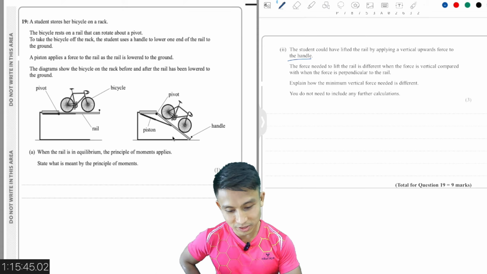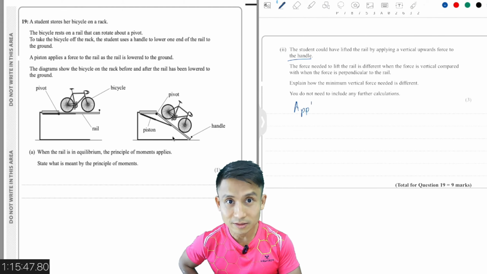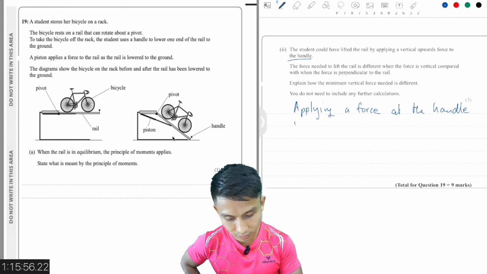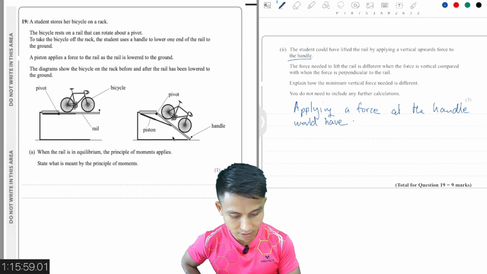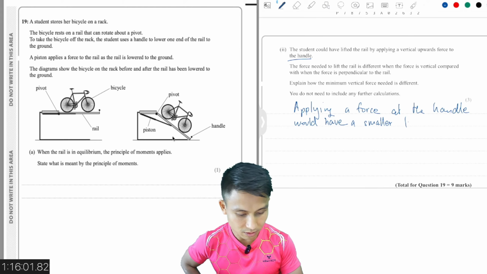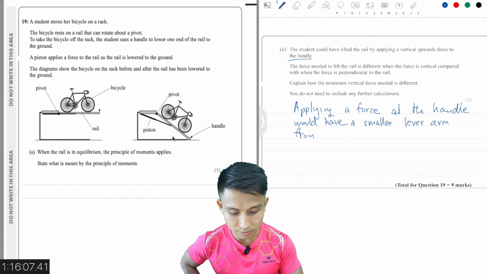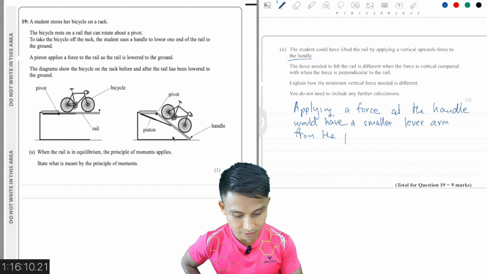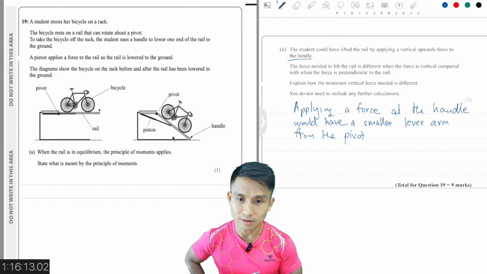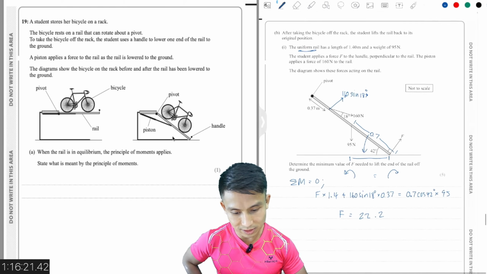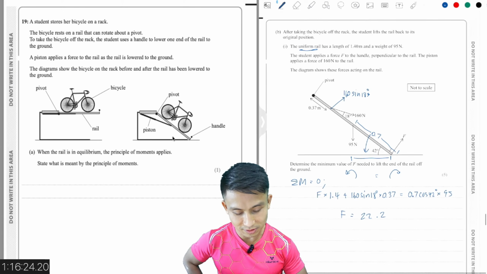So I would say applying a force at the handle would have a smaller lever arm from the pivot, right? Hang on, let me just check. 160 is the bicycle. The piston applies the force. Yeah.